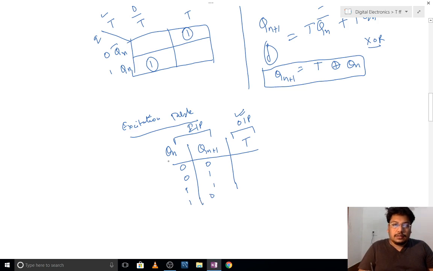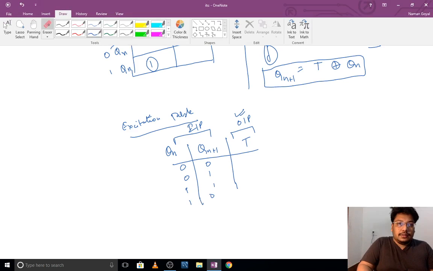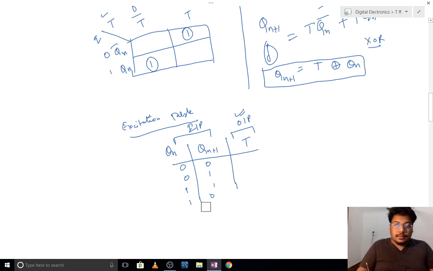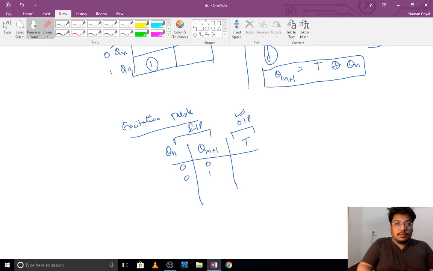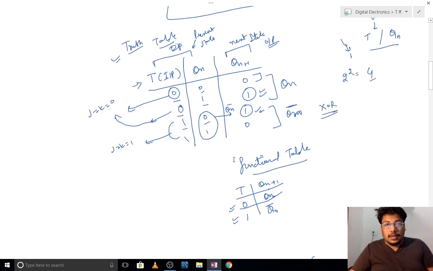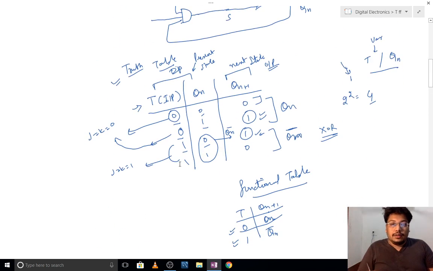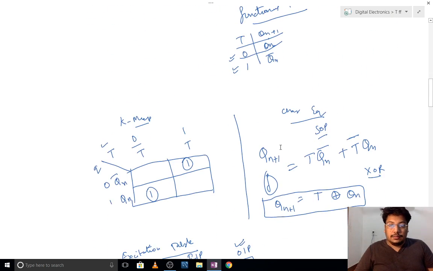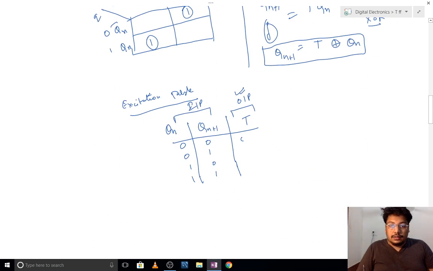You can write it like this, or there is another method. Now if you want to check what will be happening for 0 0, again we will be going here. For 0 0, this is my only combination, T is 0. Okay, we'll write it as 0.